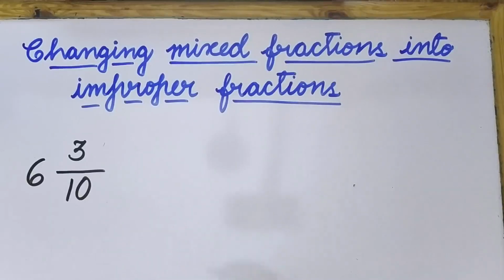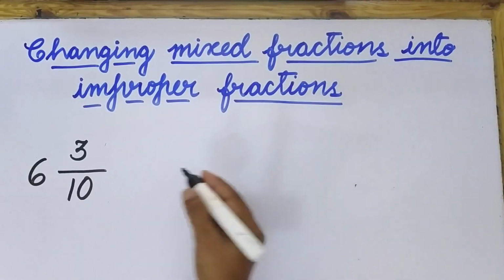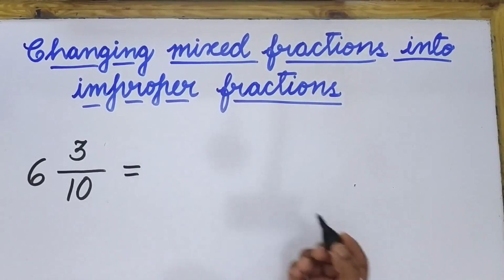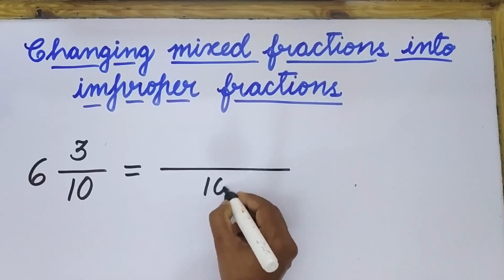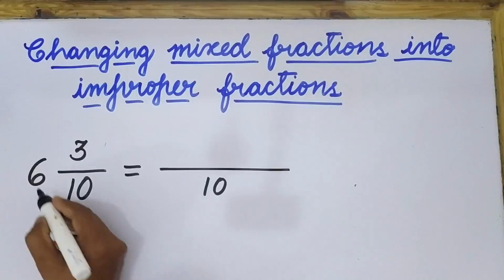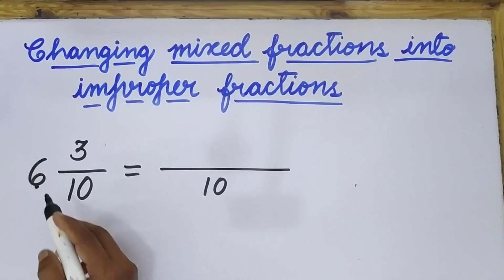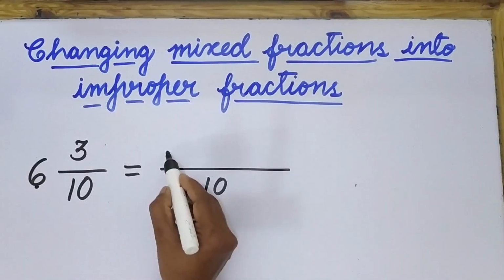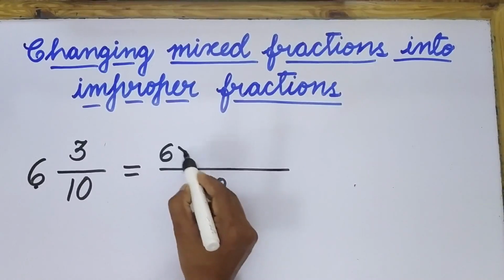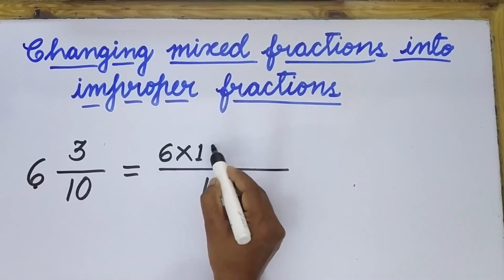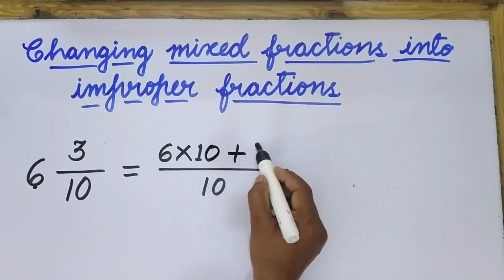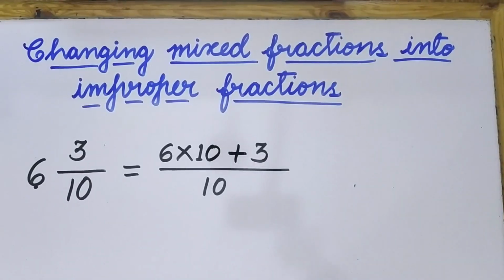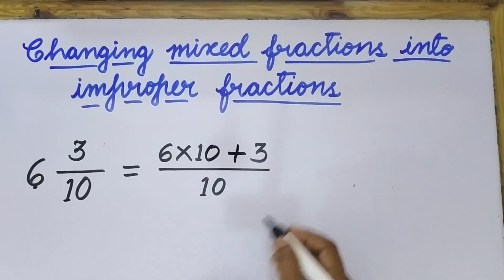Now we'll change one more mixed fraction into improper fraction. How to do? The first step, write the denominator as it is. Next step is multiply the whole number with the denominator. That is 6 multiplied with 10. Then add the numerator, plus 3. Alright. Then what's the next step?